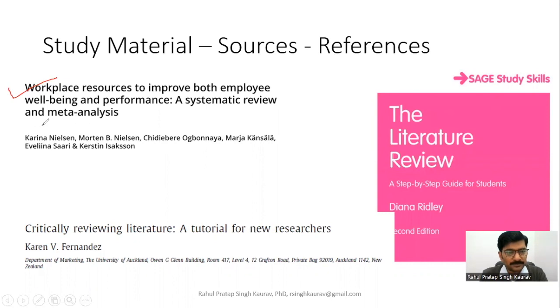This is a paper based on meta-analysis, but a good example of literature review. And then Critically reviewing literature: a tutorial for new researchers by Karen Fernandez. I would give it a 5-star rating. Must read for anyone who is into literature.